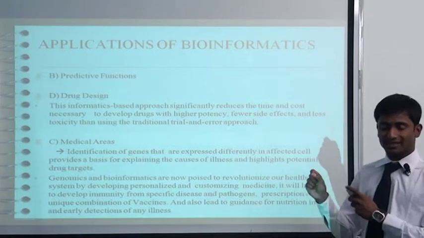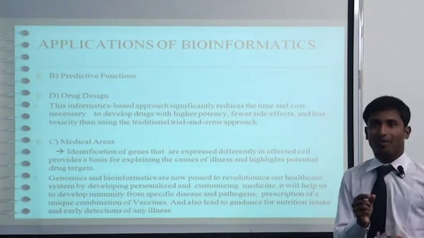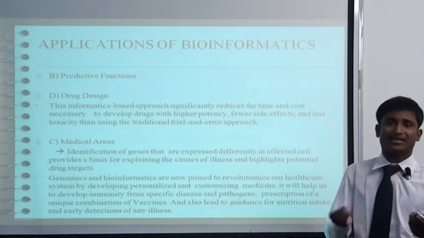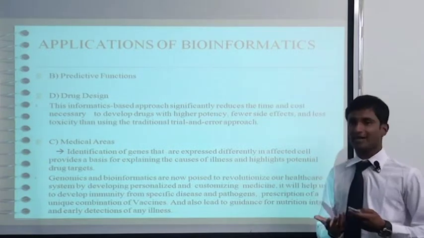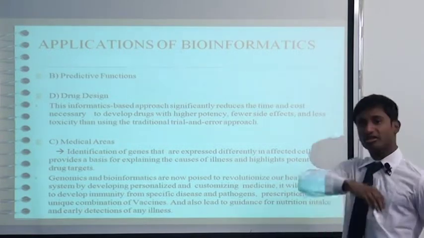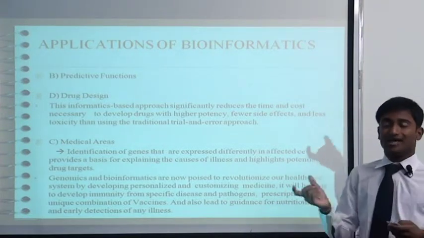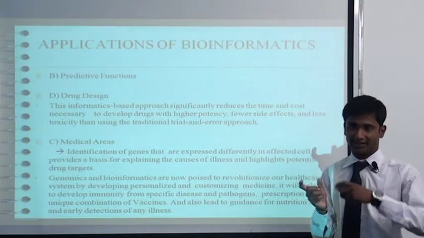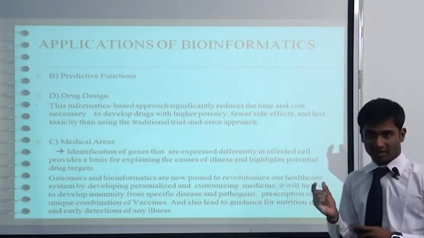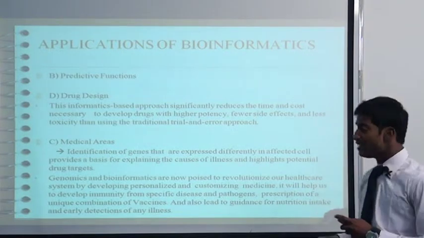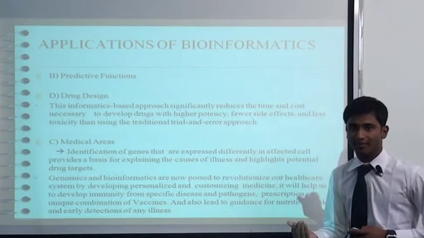So if the gene is changed by mutation, by adding nucleotides, or by any process or physical factors, then automatically the protein synthesis will change. It means the protein lacks the capacity to work functionally, and this lack of activity may cause some type of disease.